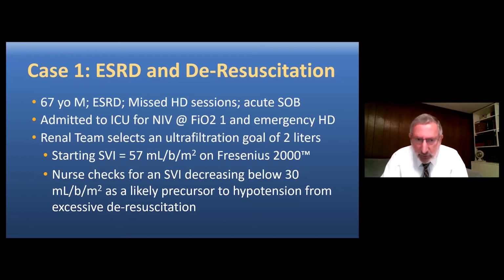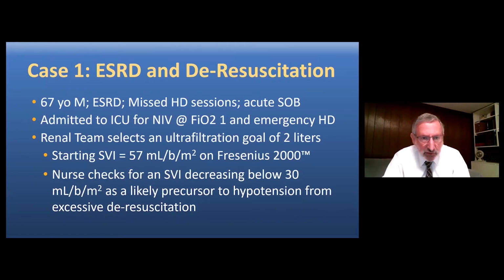how much fluid should you take off? If you take off too much, the patient will have hypotension. If you don't take off enough, the patient will still be wet. Have you ever thought of using the SVI as a de-resuscitation tool for patients on dialysis? Well, we have, and this is the topic that we presented at FCCM.